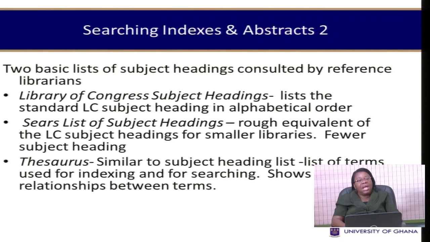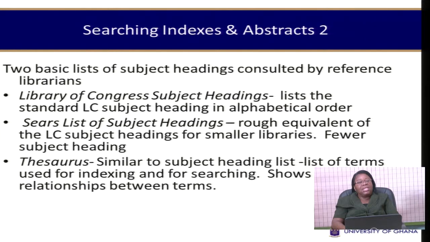We have what we call the Library of Congress subject heading for big libraries, and then we have the CS list of subject headings for smaller libraries. We also have what we call a thesaurus for you to be able to compile your index terms. A thesaurus lists usually similar terms.